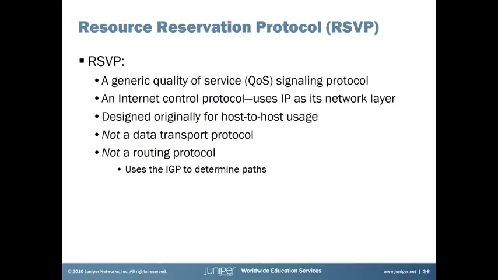It's not a data transport protocol, and it is not a routing protocol. It uses the IGP to determine the path. So when it's building a label switch path for you, it will look at the IGP routing information to determine reachability and connectivity between all the routers in the path.